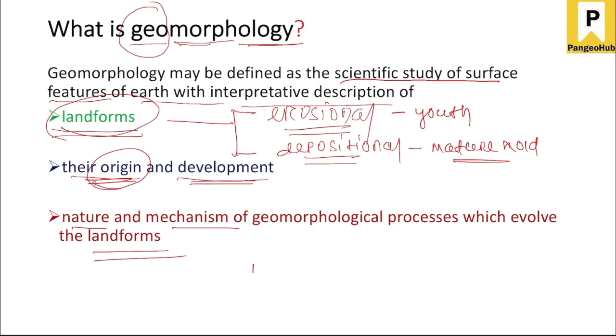Like in a river, if you take a V-shaped valley, gorges or canyon, these all depend upon the erosional feature of the river. Similarly, river piracy, river capture, also happens in all stages, and in all stages it happens in a different manner. So there is some different development mechanism involved in their formation.